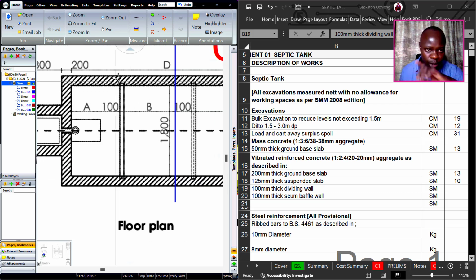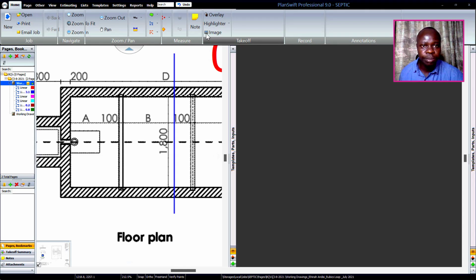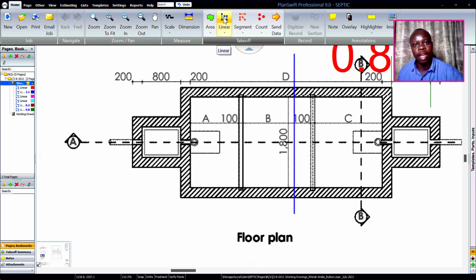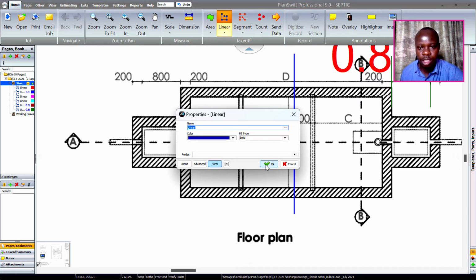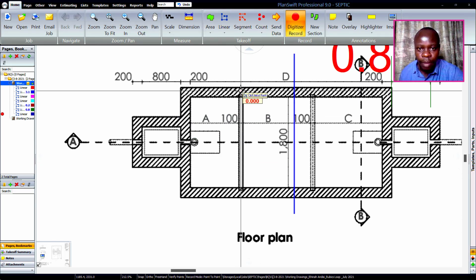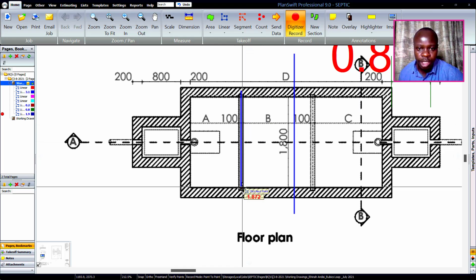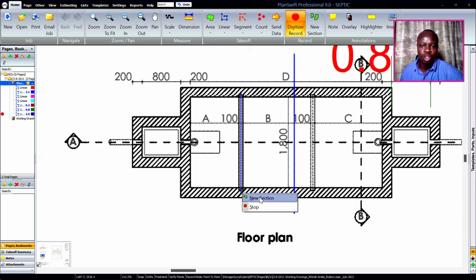So you can take it halfway. Go to the linear tool, click on it, then take half of this wall from this point and stretch it down, holding shift so that it's straight without dangling and disturbing you. Then you click to the tip where you need it to stop.